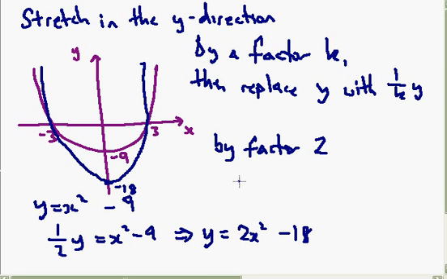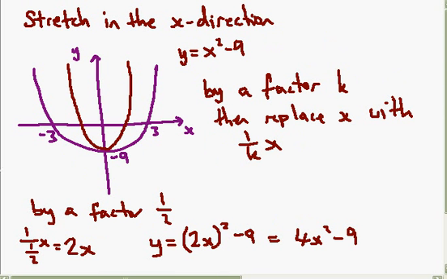So just to reiterate then, with a stretch in the x direction, you've effectively got y is now f of 1 over kx. Notice how we're dealing with x in the x direction, and it's inside the bracket.